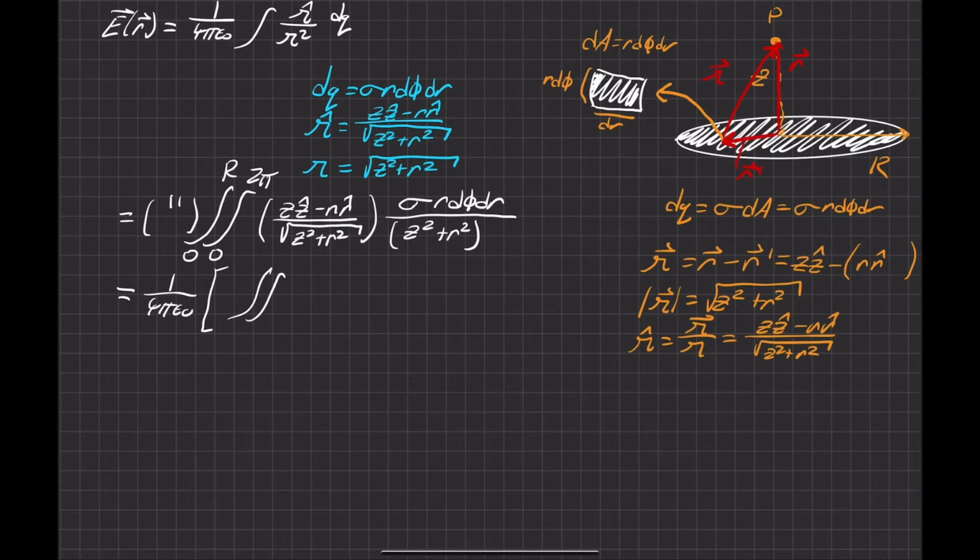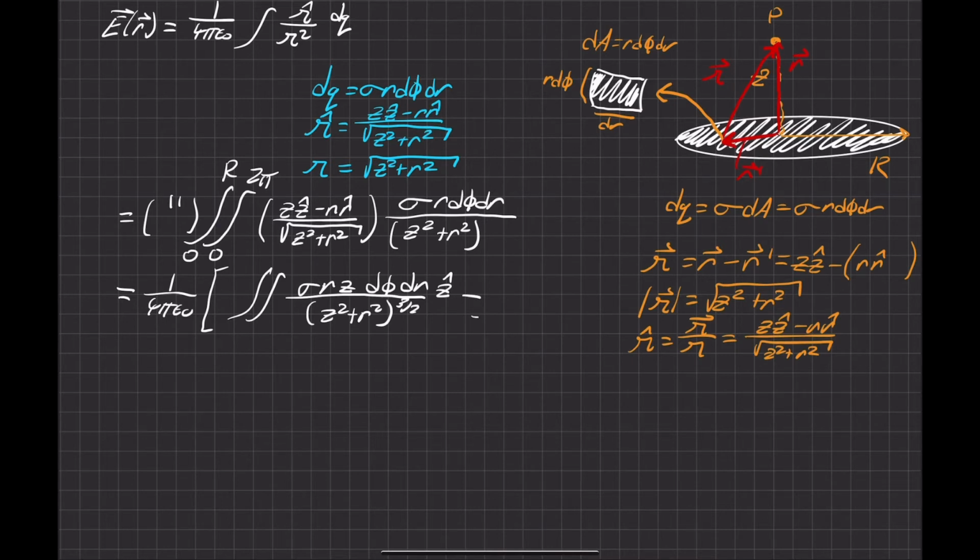I'm going to forego writing the limits of the integral just for time. This one's going to be z, so that becomes to the 3/2. This is all in the z hat direction here.